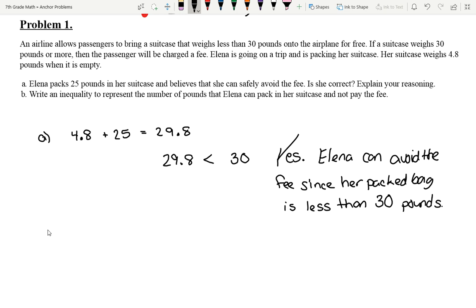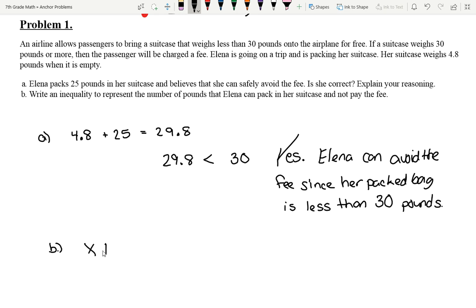Now in B, write an inequality to represent the number of pounds that Elena can pack in her suitcase and not pay the fee. Well, we don't know. And in math, when we don't know a number, or it can be a variety, a variable amount of things, you can call that x.